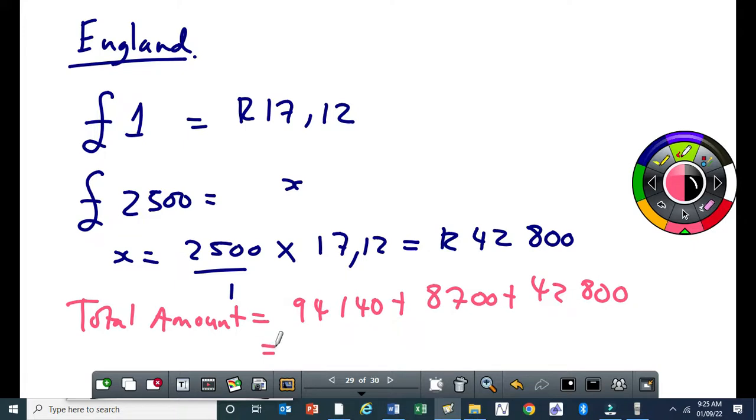What total do you get? 145,649. So that's what you're supposed to have done.